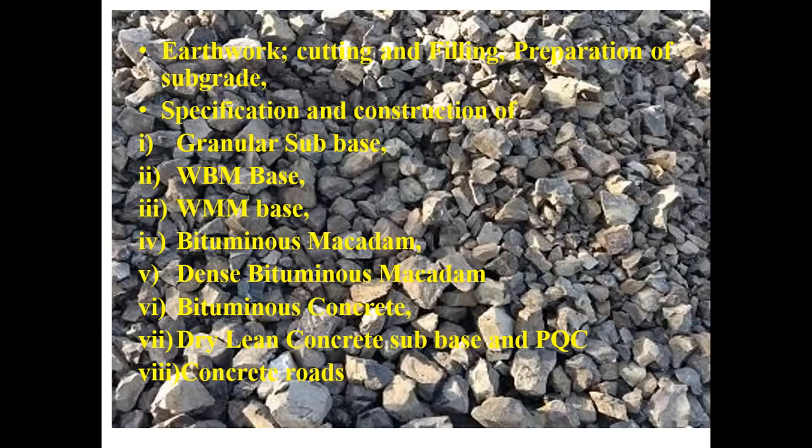For the bottommost layer the material need not be so superior, so somewhat less strength will be required. Only the specification will be different, and almost all the construction procedures will be similar, but you use different types of equipment: for soil compaction different equipment, for bituminous construction different equipment, and for GSB and WMM different equipment.